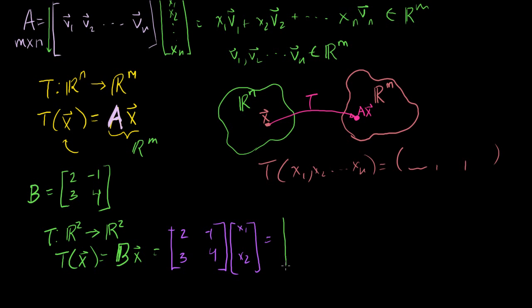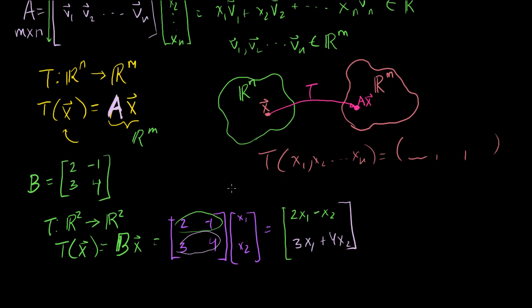Well, this equals another vector in the codomain R2, where the first term is 2 times x1, I'm just doing the definition of matrix vector multiplication, 2x1 plus minus 1 times x2, or minus x2. That's that row times our vector. And then the second row times that vector, we get 3 times x1 plus 4 times x2. So this is what we might be more familiar with.